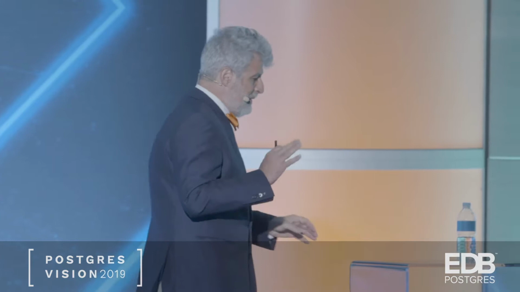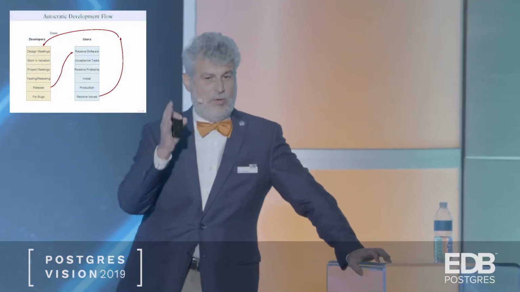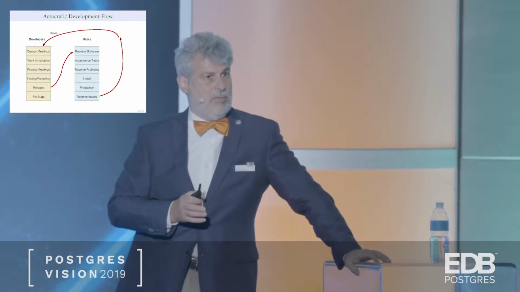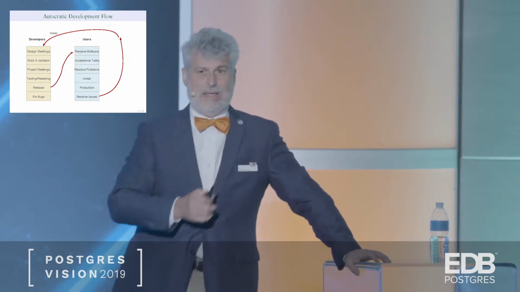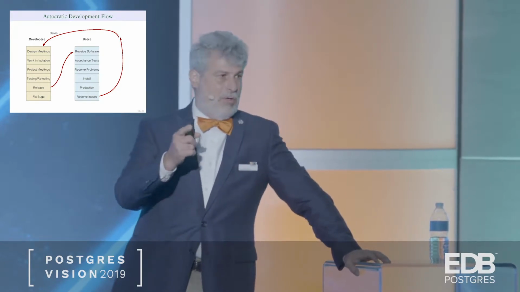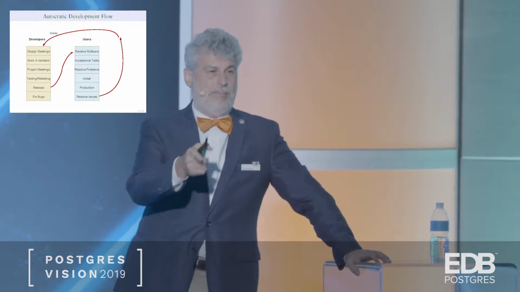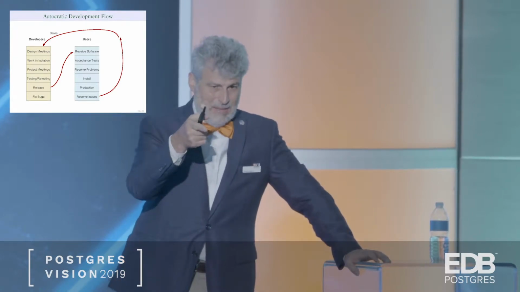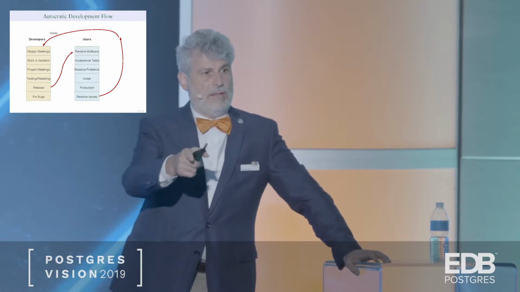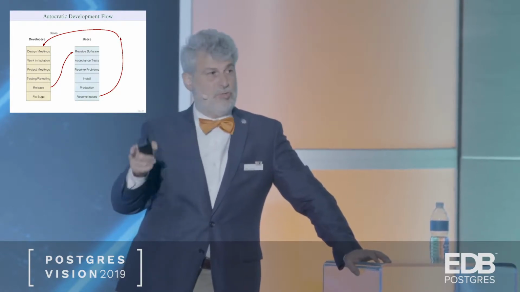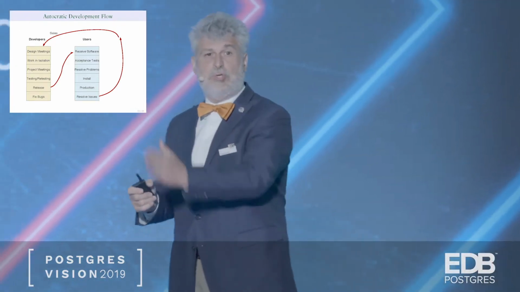To finish up this section, I just want to show you a chart. This is autocratic development. What you see on the left is the development that happens inside a company, and almost the only ideas that company can develop are the ones of the people on the left. Very rarely can a company get ideas, or certainly patches, from the group on the right, which is your user base, which is huge.